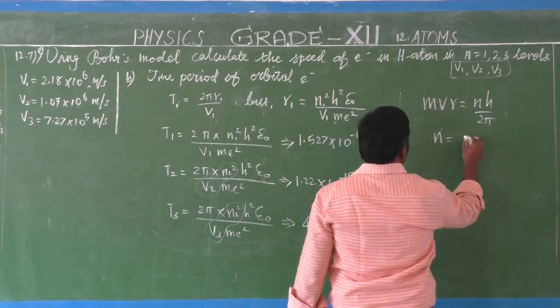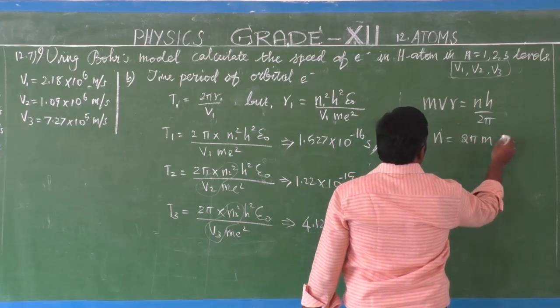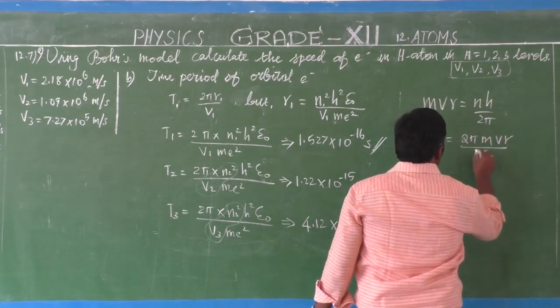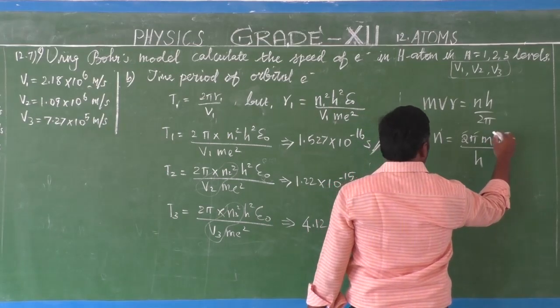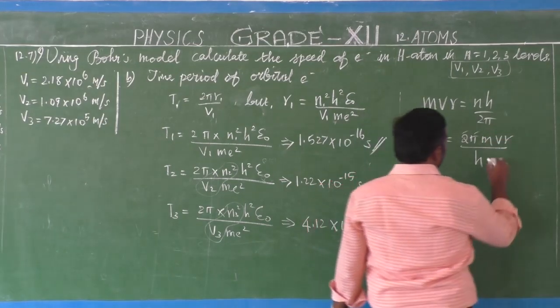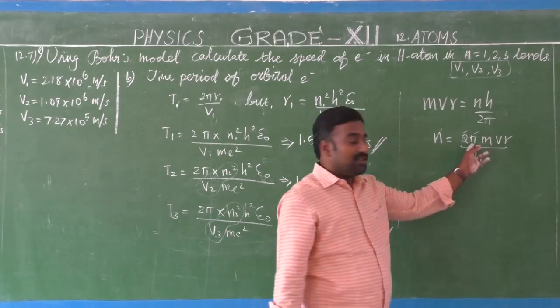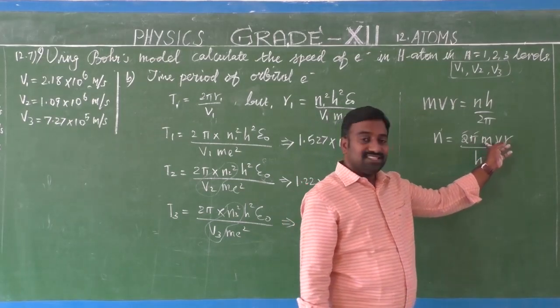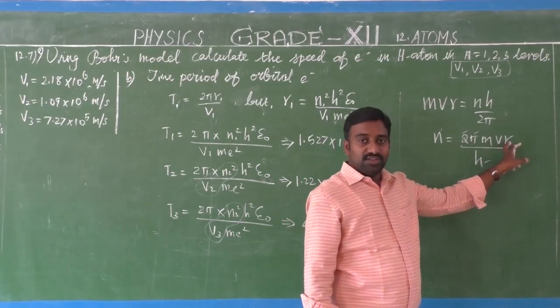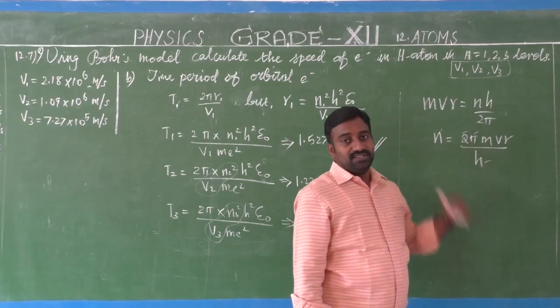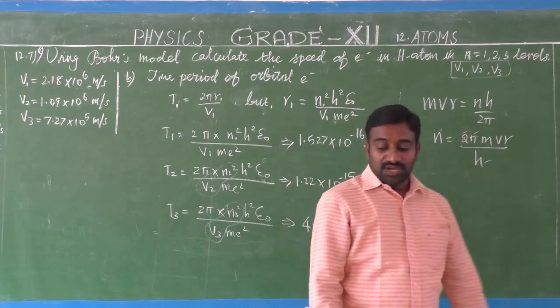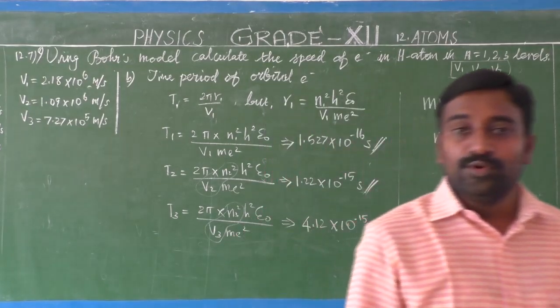So quantum number n is equal to 2 pi mvr divided by h. So these are all constants, and the remaining alone are variables. So according to the mass and velocity given and the radius also given, you can get the quantum number. It comes in some powers of 10. Okay. So other questions you can practice on your own. Thank you.